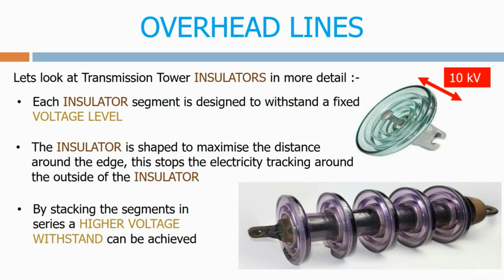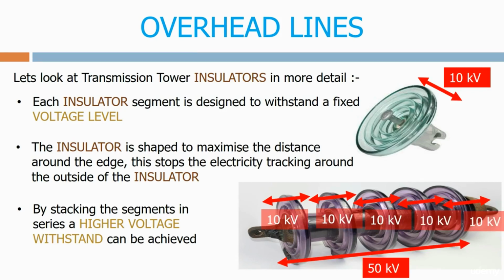By stacking the segments in series, a higher voltage withstand can be achieved. Here we have a single insulator with a voltage withstand of 10 kV. By stacking the insulators in series, we can get an overall voltage withstand level of 50 kV.